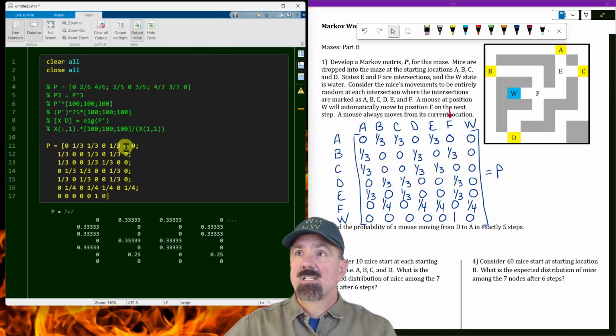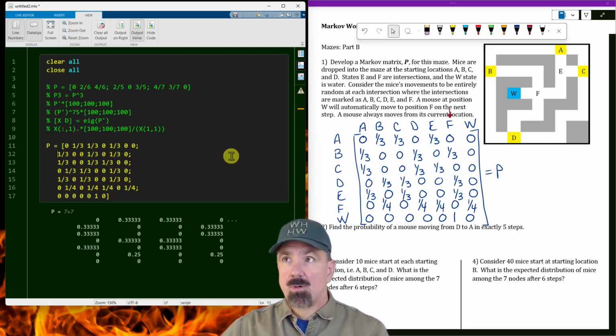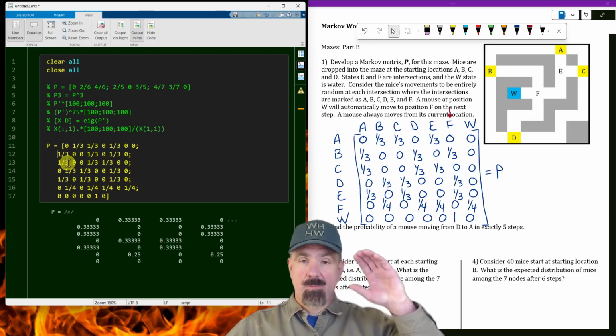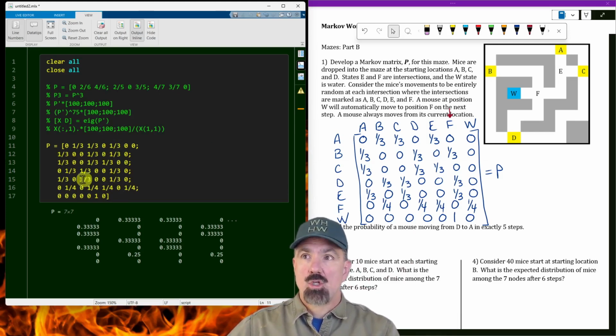All right, I have our matrix set up in here. One thing that I recommend, if you have larger matrices, instead of stringing these all together, you can do a carriage return, and you can set up the rows so that the matrix looks more like what you think it should when you're typing it in. And then, of course, you're going to check the output to make sure it's correct.